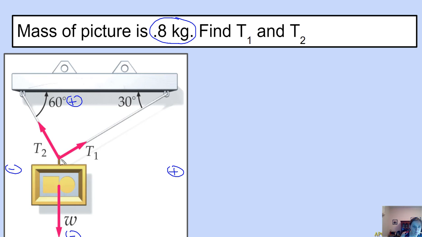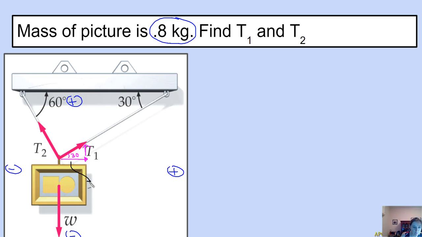And then we're going to break this T1 down into how much is over and how much is up. And by alternate interior angles, that is also 30. Hang on, sorry, I'm changing the color.